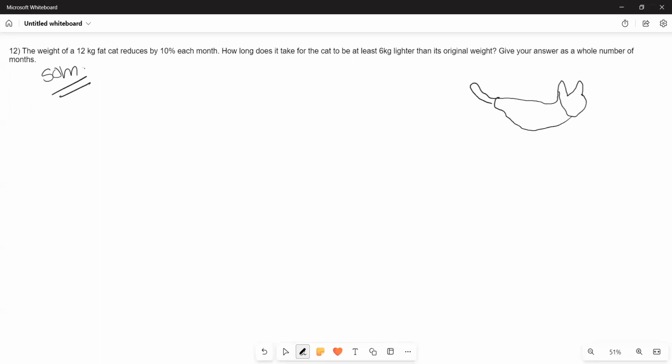And then this one, and this one, and again this one. Look at the figure, actually this cat is fat.